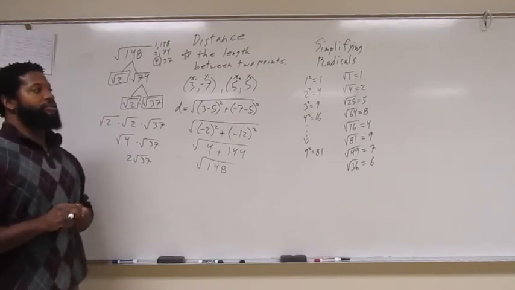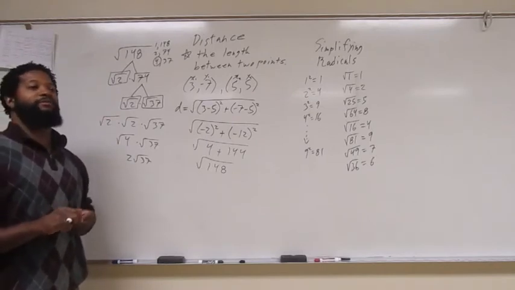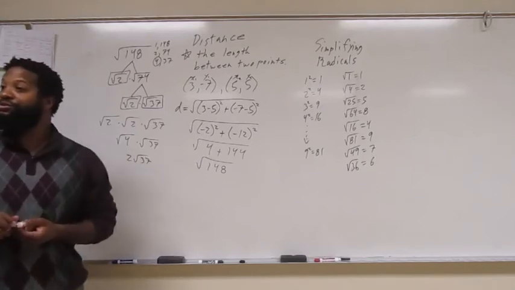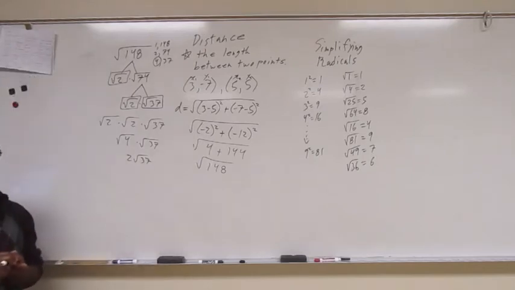So long story short, I feel as though a couple of y'all might have some issues with simplifying radicals, but as long as you just keep doing it, the process is very repetitive. You will be repeating this process over and over again, okay?